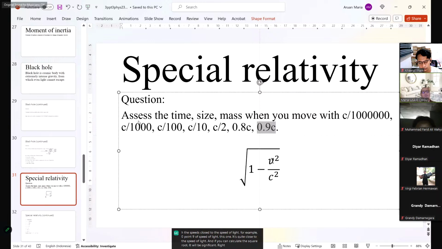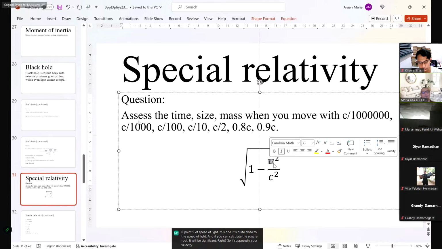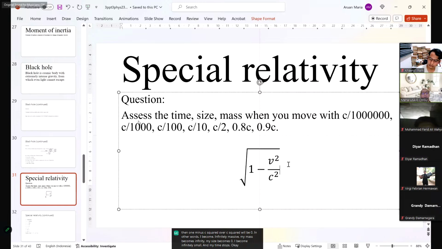So if supposedly your velocity v is equal to the speed of light, then 1 minus v squared over c squared will be 0. In other words, I become infinitely massive, my mass becomes infinity, my size becomes 0, I become infinitely small, and my time stops, okay, according to this.